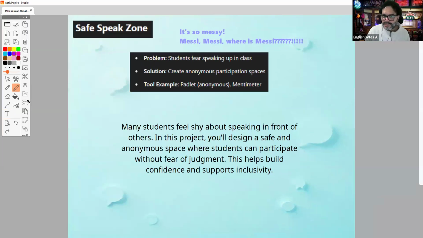So, what's the solution? Create anonymous participation spaces so that your student can participate without feeling judged, especially in these contexts. There are people who are extremely good at identifying grammar mistakes, really good at identifying mistakes in pronunciation.